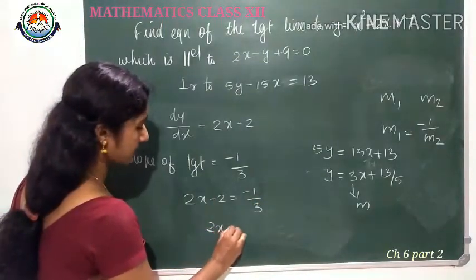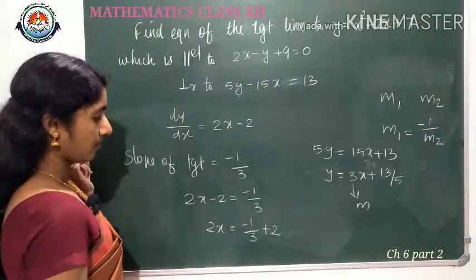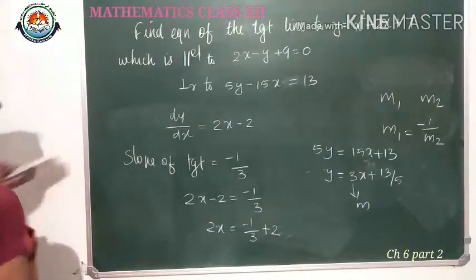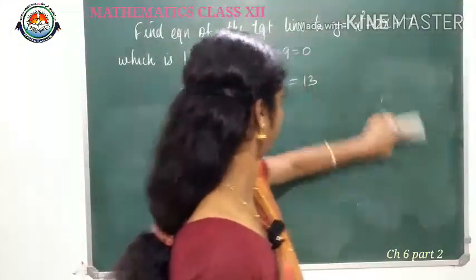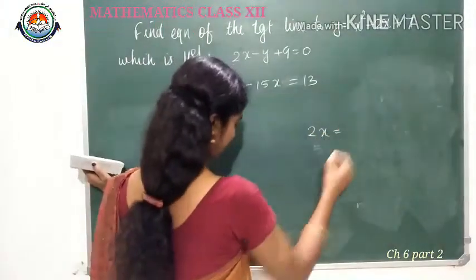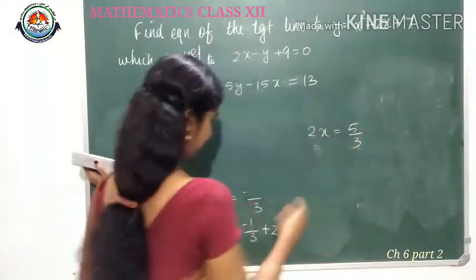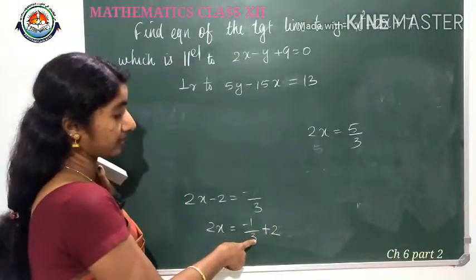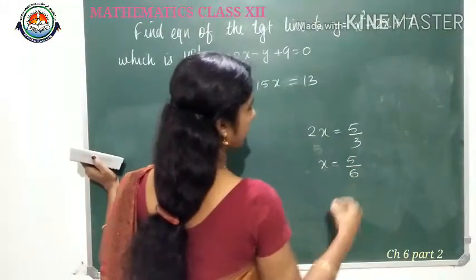So, 2x is equal to minus 1 by 3 plus 2, which is minus 1 plus 6 by 3, so 5 by 3. So, x is equal to 5 by 6.